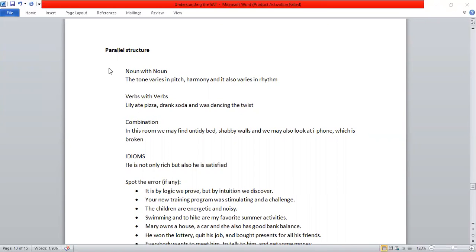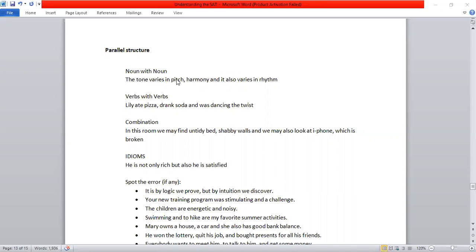Parallel structure, as I said, could be with nouns, with verbs, with adjectives, with anything that comprises a list, basically. So, if I'm looking at any sentence that talks about multiple items, multiple things, then all those things should be parallel.